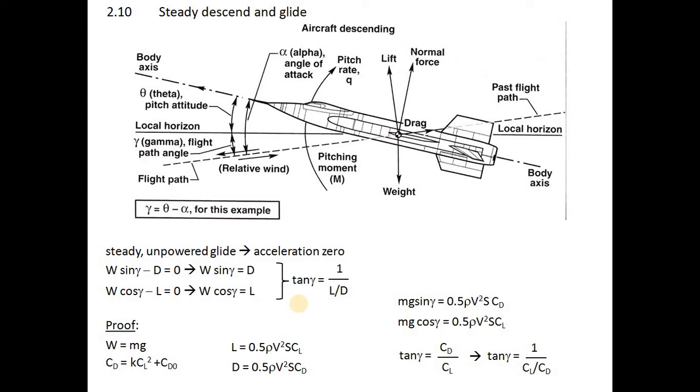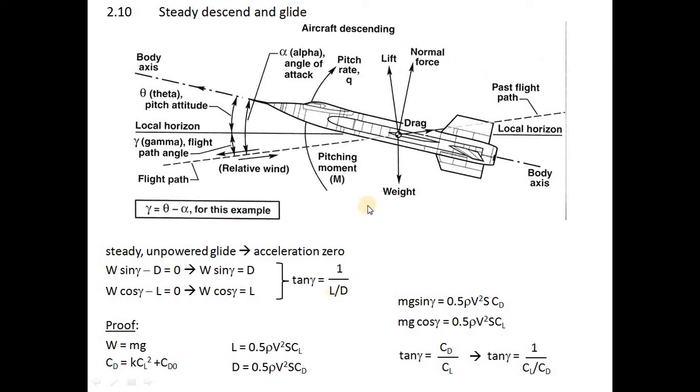Okay. Simple. Again, this equation below proves this. So meaning that your ability to glide, the gamma for unpowered glide, only depends on the aerodynamics of your aircraft.